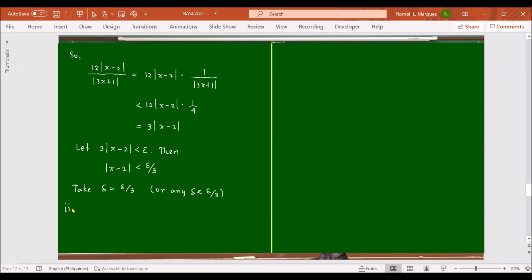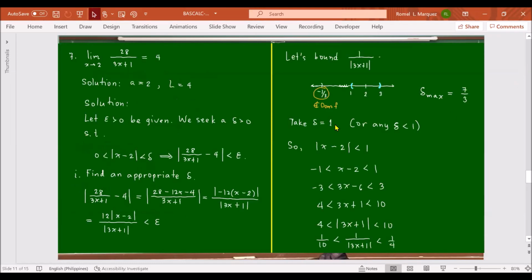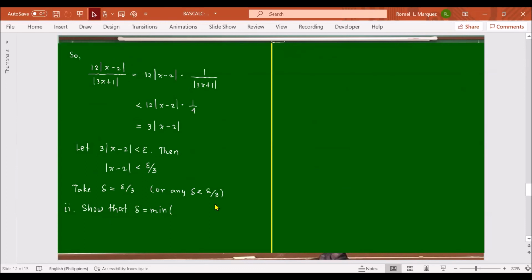So let's now have our formal proof. So that is showing that delta, which is equal to minimum, because we have two restrictions. What are our restrictions? 1 and epsilon over 3. Minimum of 1 and epsilon over 3.